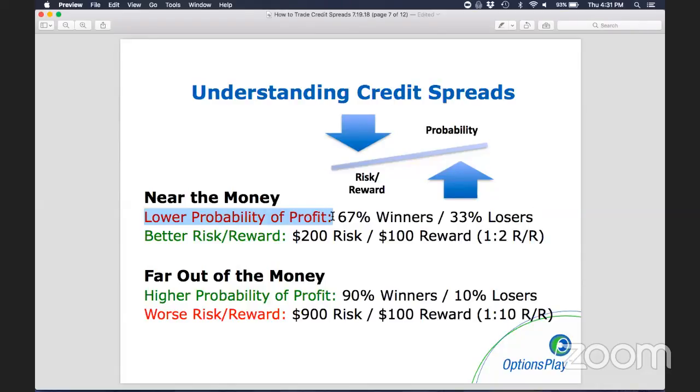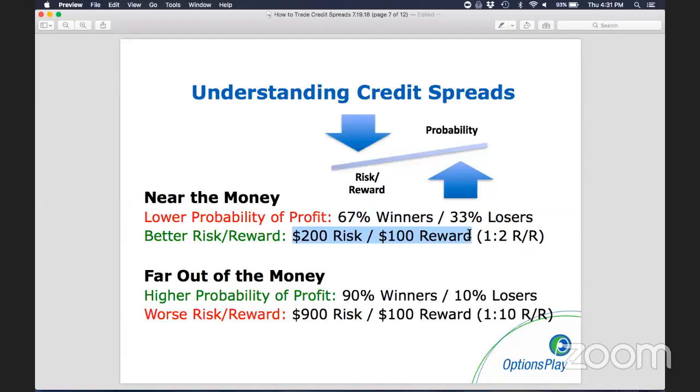What that typically looks like is you might see a probability of profit of maybe 67%, and then maybe 33% of your trades are losers. So two thirds of your trades are winners, a third of your trades are losers. With these types of risk profiles, you're going to see risk to reward that looks similar to this, where you're risking roughly $200 to try to make around $100. So about a 1 to 2 risk to reward ratio.